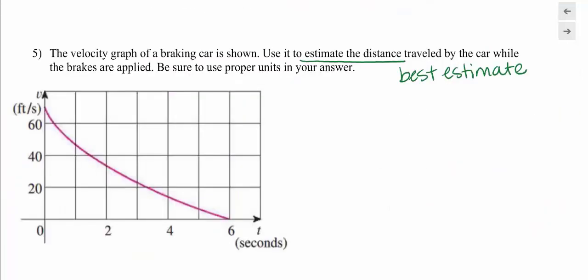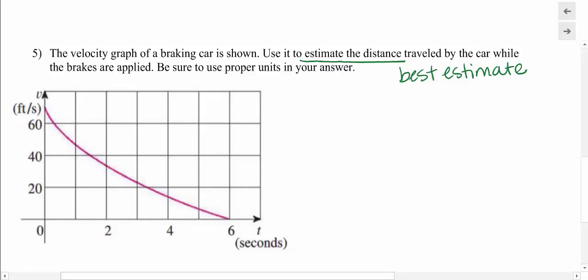So since we want that best estimate, we're going to look at creating rectangles and then trying to find the midpoint. And it really is up to you how many rectangles you use, because they're not telling you, they're just saying get a good estimate, right? Try to figure out the distance traveled by the car. So again, try to use as much information from the graph as is shown.